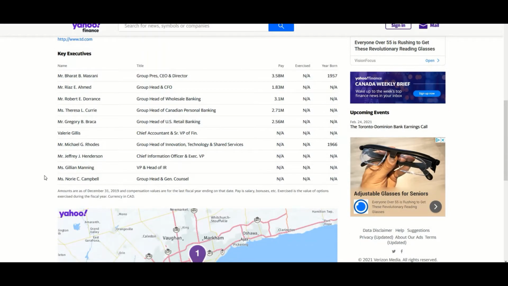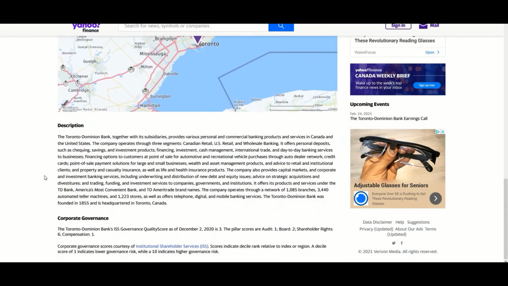I'm not sure how correct that information is, but if you scroll down in the description, you can see what it says about TD Bank, what they deal in, like finances, investment, cash management, or international trade. And then they also mention the brand names that they carry, like TD, America's Most Convenient Bank, and the TD Ameritrade brand name.